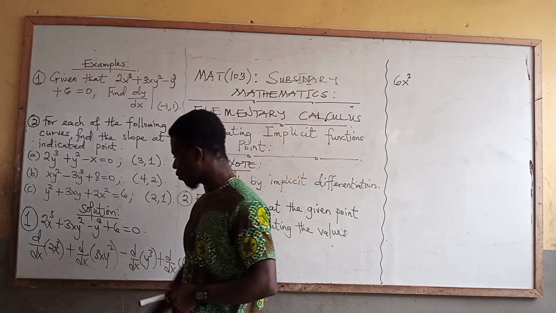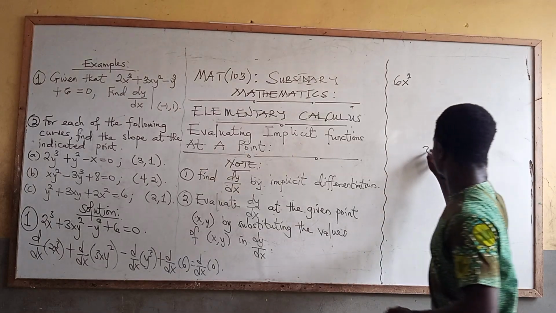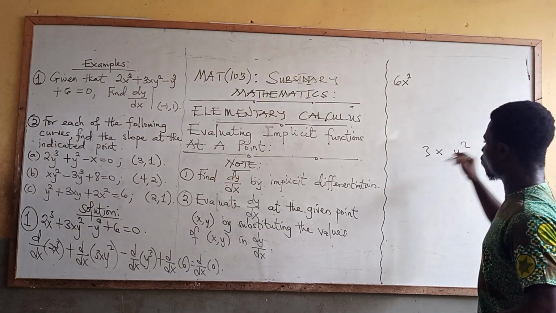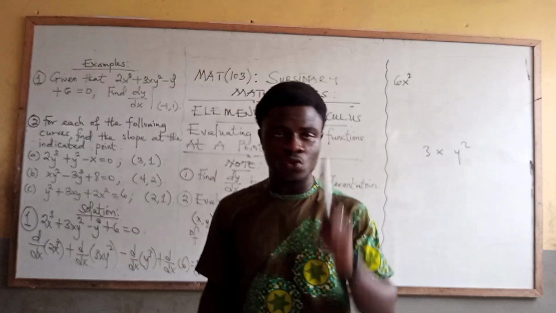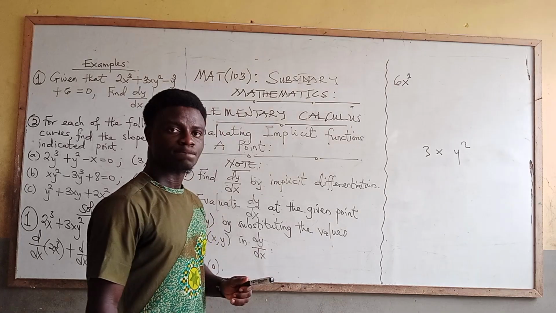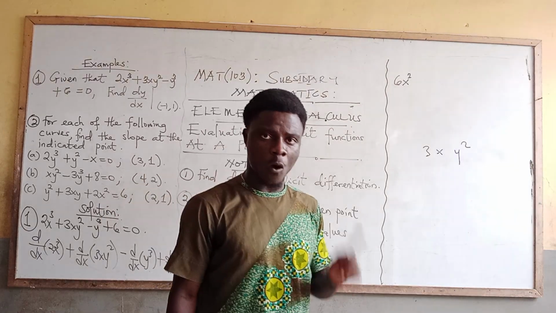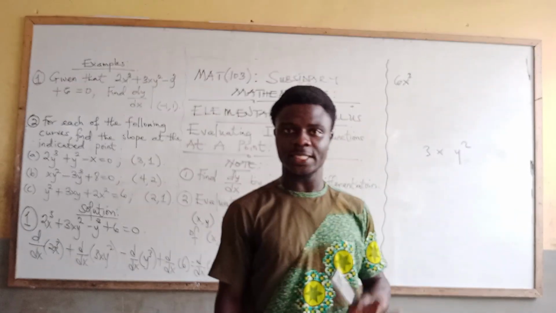Then now let's move on to the next thing. Now the next thing we have is 3xy squared. They are multiplying. And this time around, they said we should treat y as a function of x by implicit differentiation.